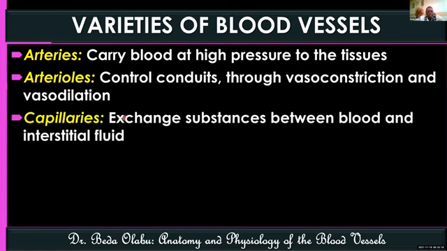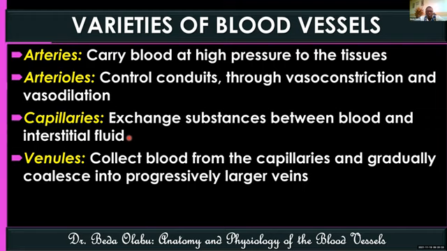From the arterioles, blood goes to capillaries, which are exchange units. So they have very thin walls to enable them to exchange substances between the bloodstream and the tissues. From the capillaries, we have veins, which now collect blood from the tissues.